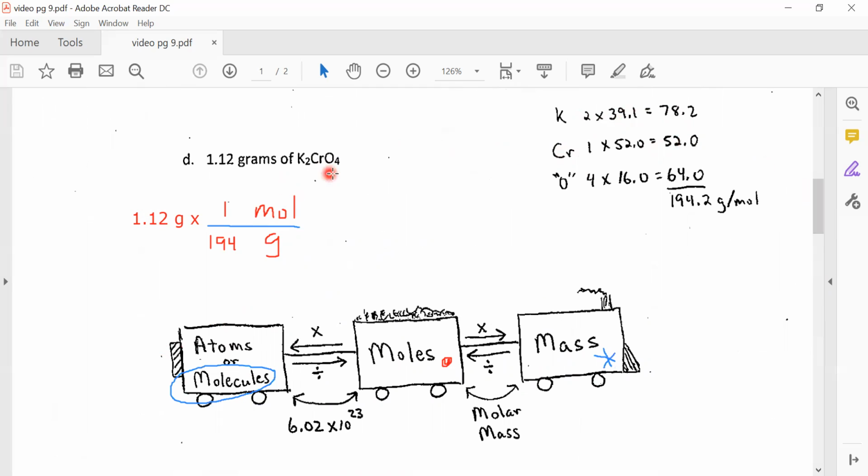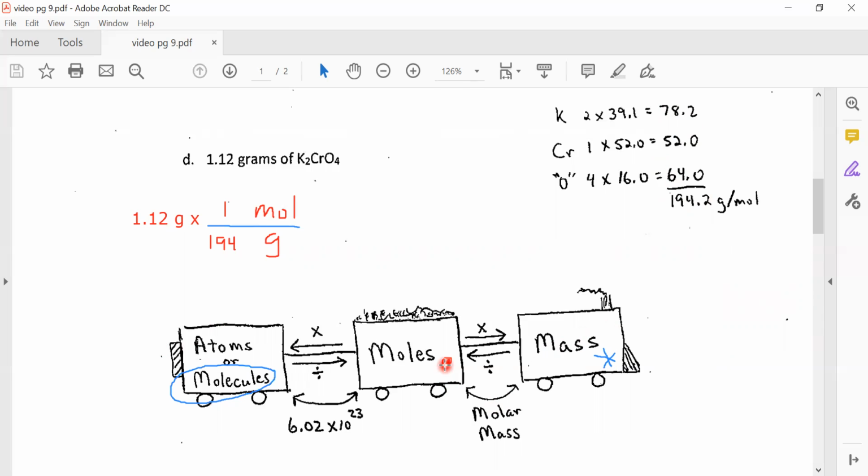And there are 4 oxygens, so I multiplied 4 times 16. I got the 78, the 52, and the 64. I took all of those and added them up to get 194. That would be the mass of 1 mole of K2CrO4. To convert 1.12 grams to moles, I would divide 1.12 by 194, and then I get to moles.